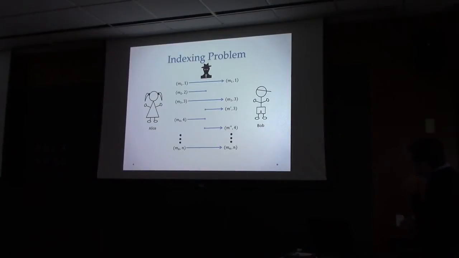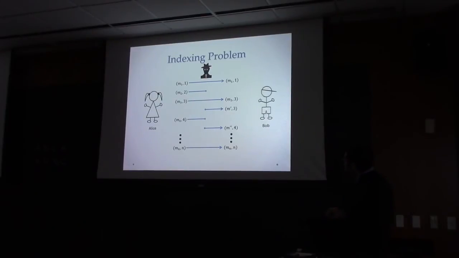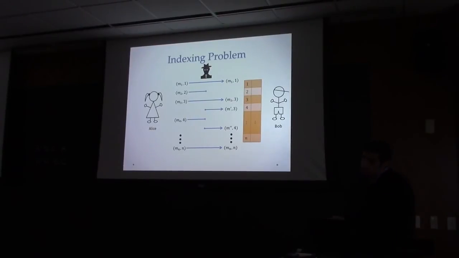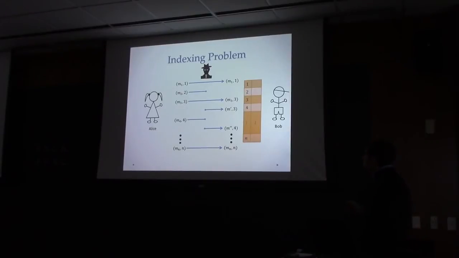So what Bob really wants to do here is try to find out the actual index of the messages that he receives. But there are a couple of cases that can happen here. One of them is that for some index, let's say index 1, Bob receives only one symbol with that number.